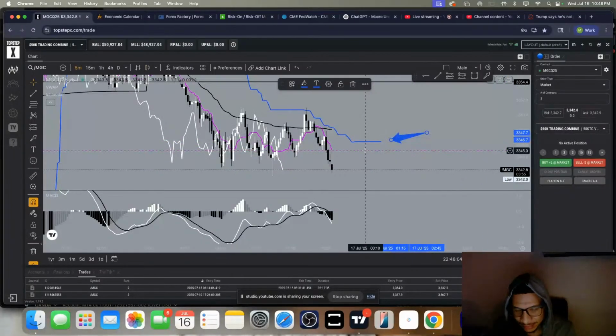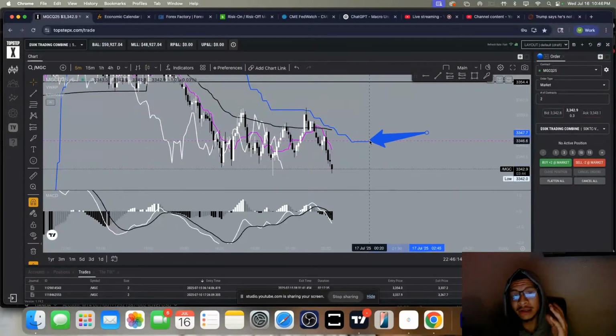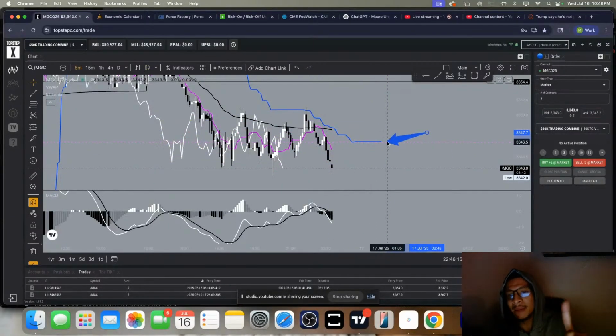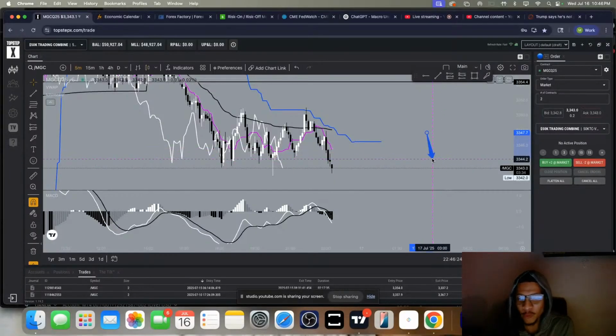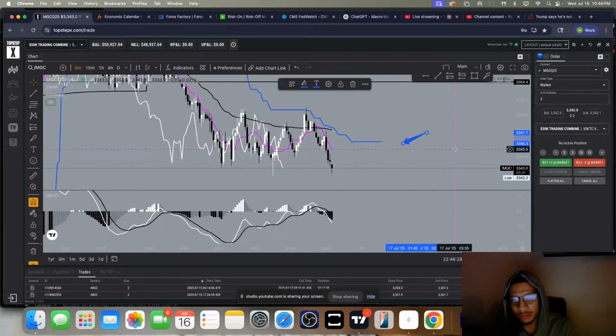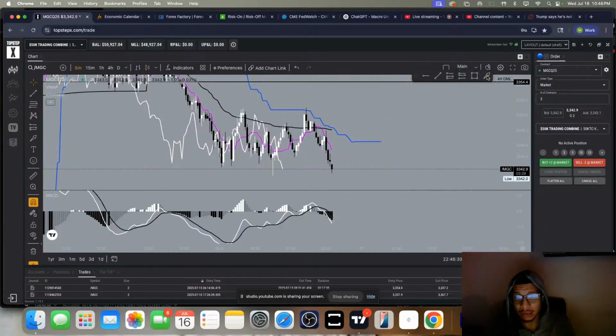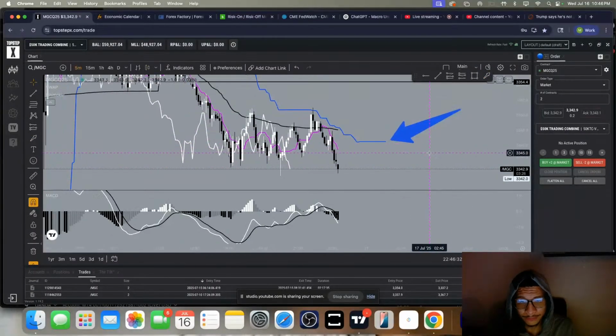This is me being disciplined. This is me not having any sense of FOMO seeing price push down, because my confirmations are not present. I'm literally waiting for one thing to happen right now, and that's the shift of this lead span B. All I need is a shift in that 4 to 5 o'clock direction, and you're gonna see me take this sell position. So that's what I'm looking for on gold right now.